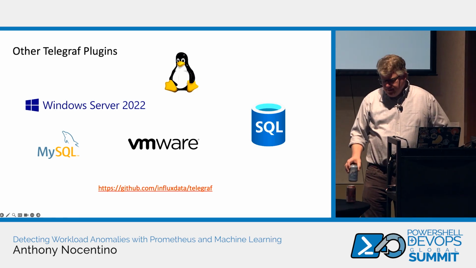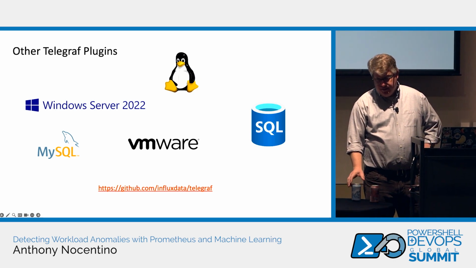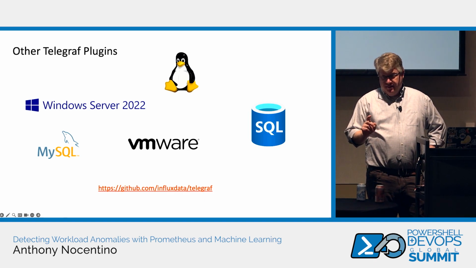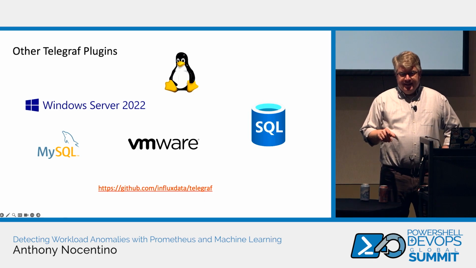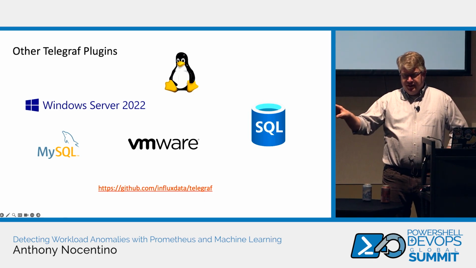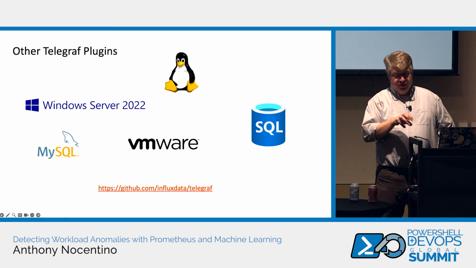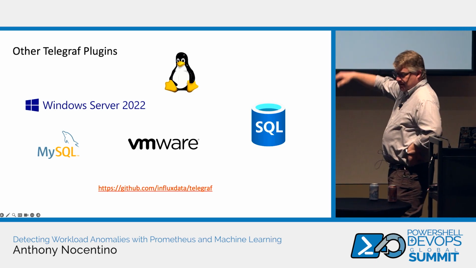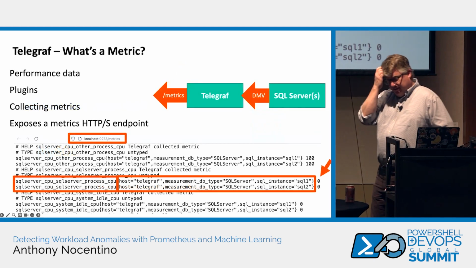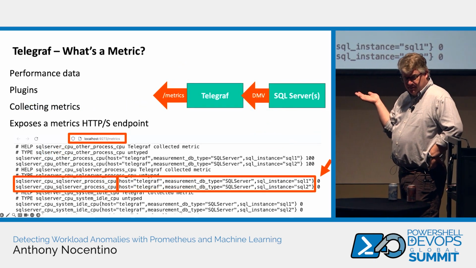What's up? The question is, am I using Telegraf for persistence of the data that's being pulled from the system? It's more about getting the information from the system. It's the metric exposer, right? If you think about what we're doing here, we're putting the data in a universal format.